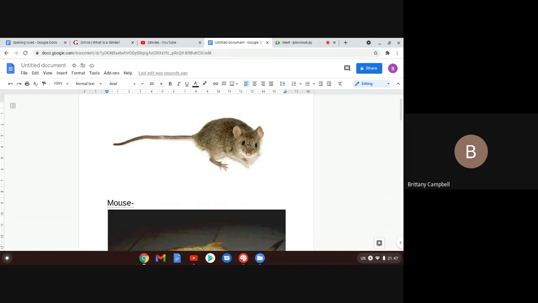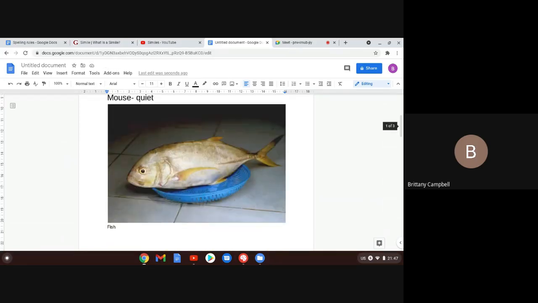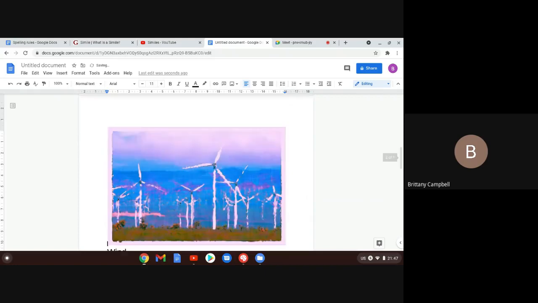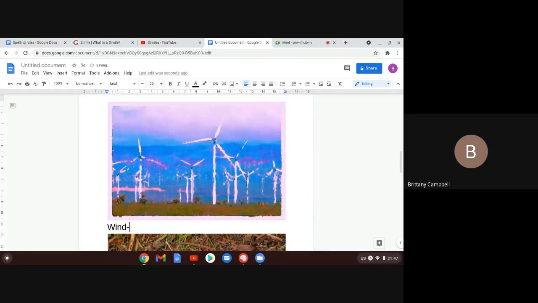All right, majority saying quiet, not a problem, quiet. How about fish? Let me allow this to be bigger on the screen as well. All right, so fish, swim. Looking at wind.